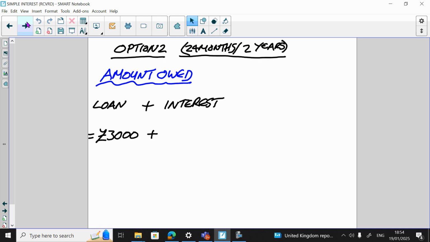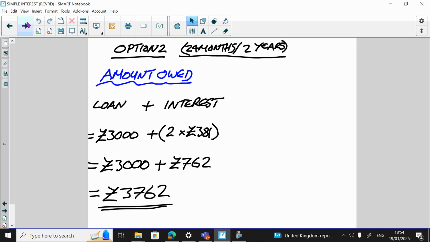The loan was 3,000, that's the same, but the interest, because it's over 2 years, is 2 times the per annum interest. So we need to double that up, add them together. Right, so that's the amount we owe here.